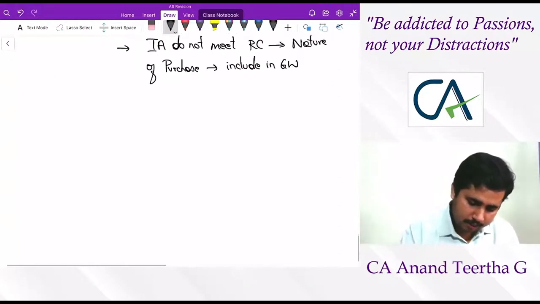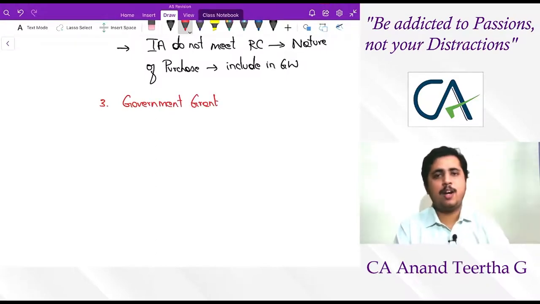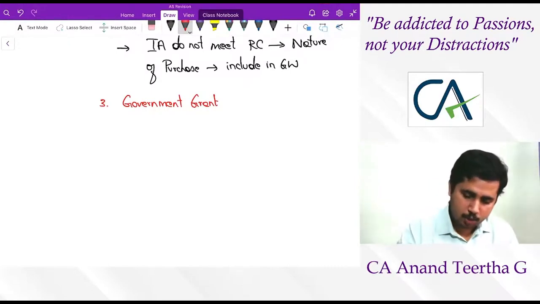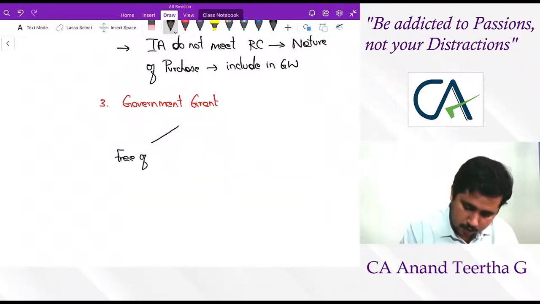Then third one: if it is acquired through government grant, then what should I do? Two situations: when it is a government grant, you acquire it free of cost, or you acquire it at concessional price.